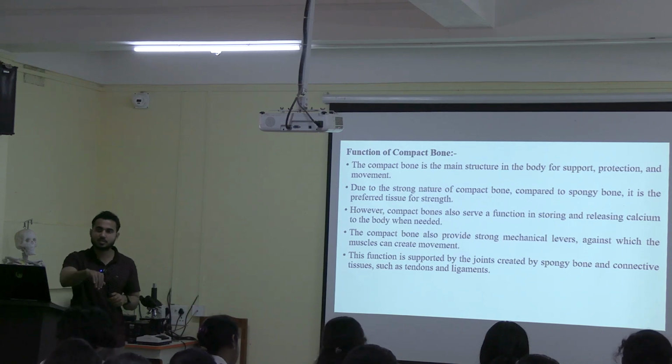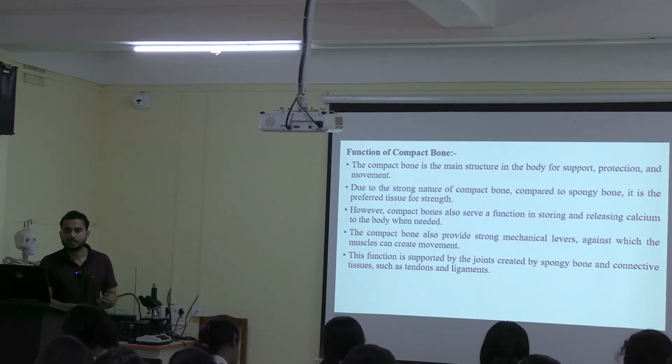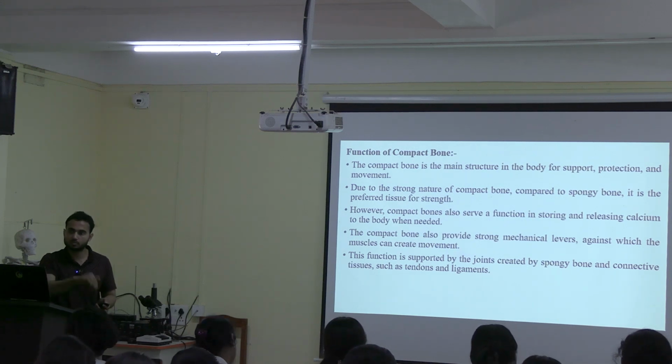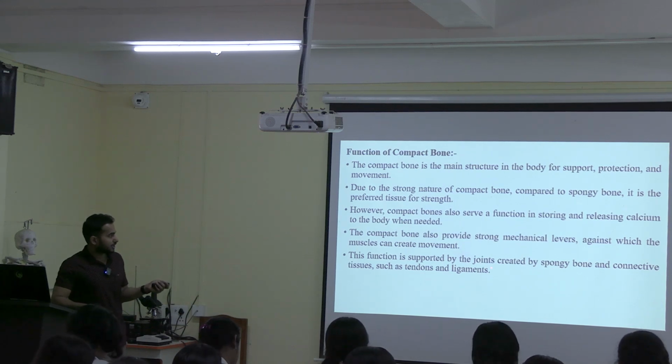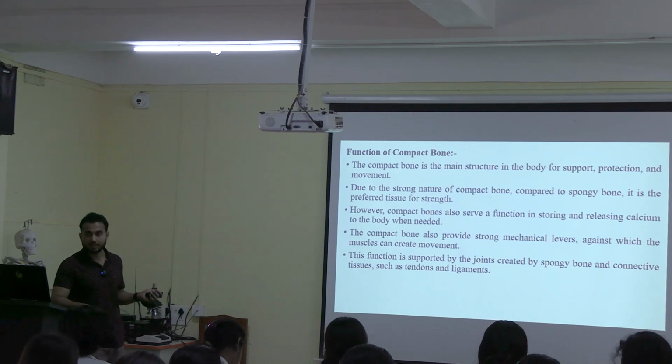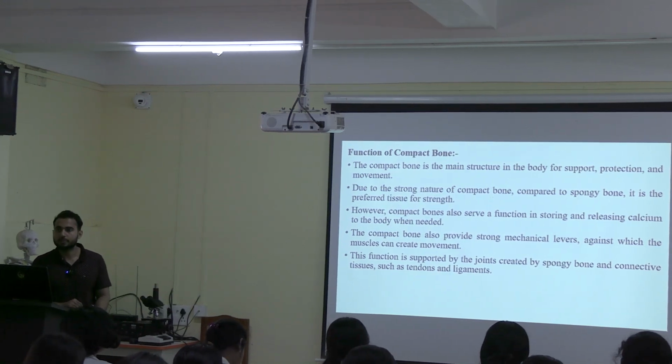Whenever the muscles attach to it and cause movement, the compact bone is the part where those muscles are attached. This function is supported by the joints created by spongy bone and connective tissue such as tendons and ligaments. These tendons and ligaments are also attached to the compact bone.